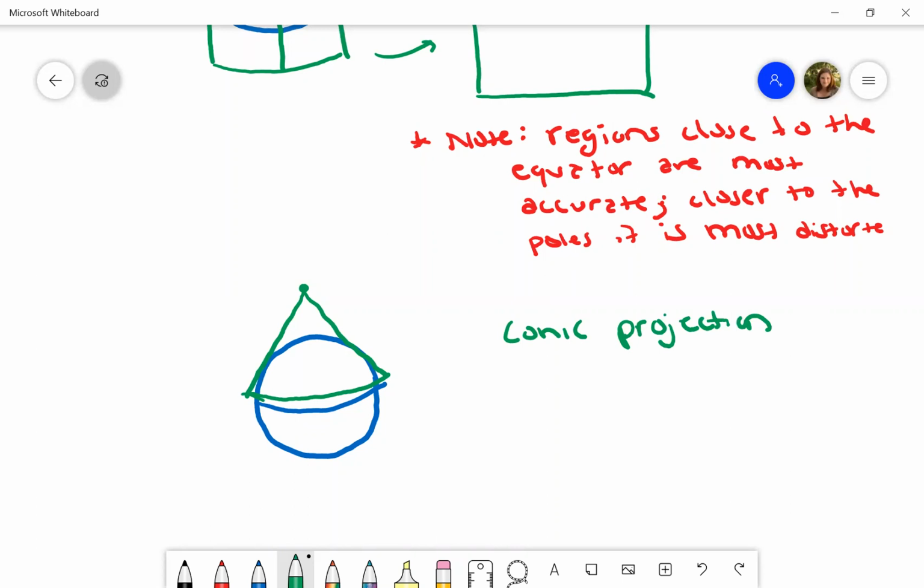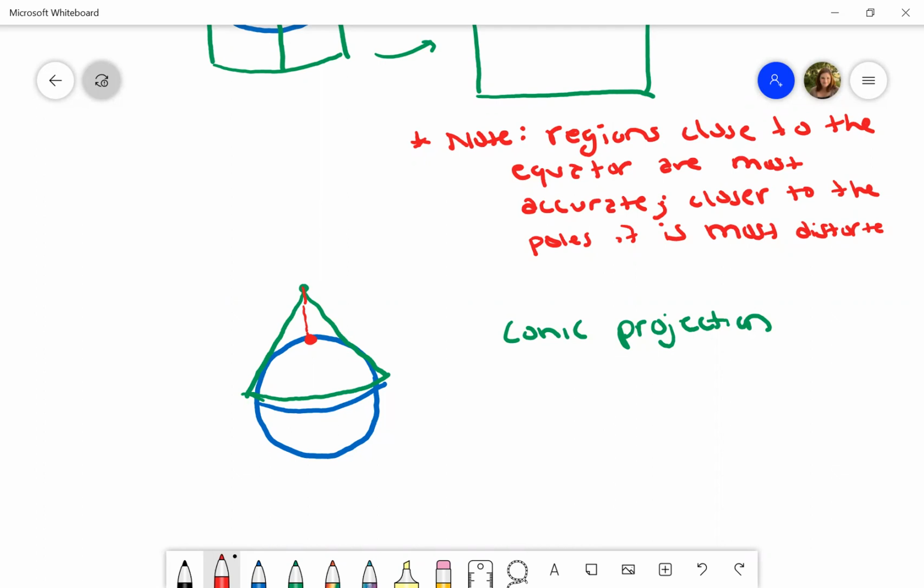With the conic projection, you're placing the cone over the pole, like the North or South Pole. So it's hovering right over the North or South Pole. You'd still be able to create a map out of this, but it does look a little bit distorted. And what it is going to give us is a more accurate map at the poles as opposed to the equator this time.